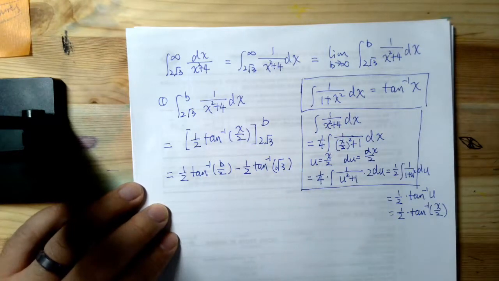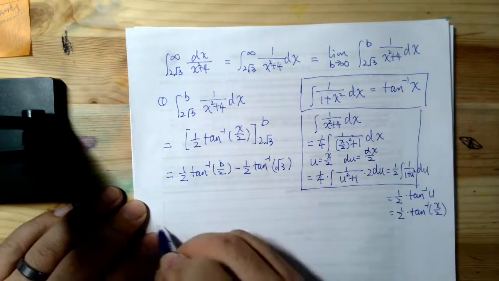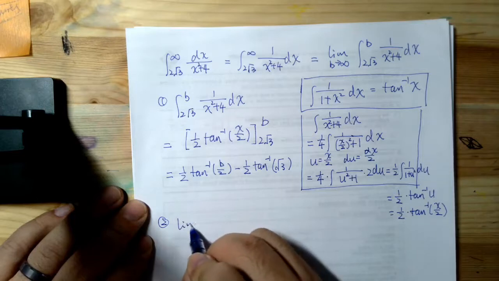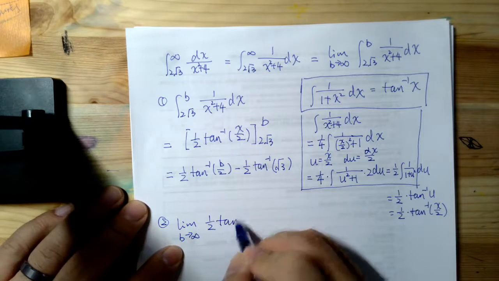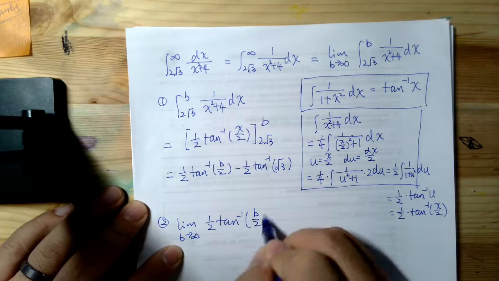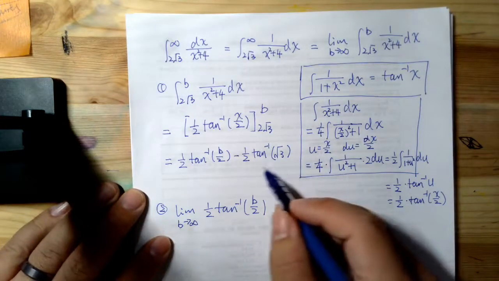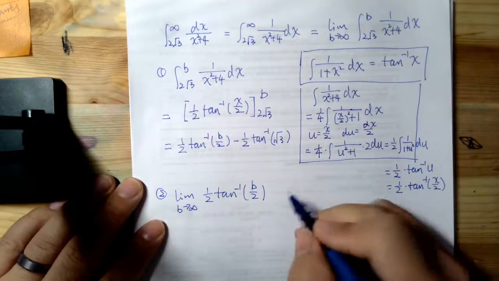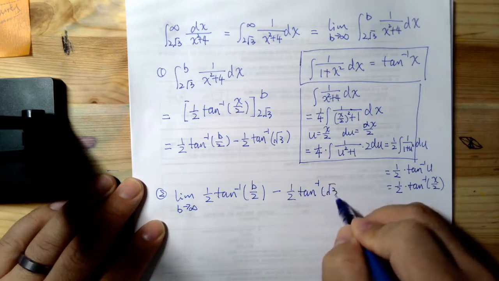Now, we figured out this definite integral here, and then step 2, we put the limit back. So it's the limit as b goes to infinity of 1 over 2 tan inverse b over 2. You can see there is no b involved in the second term, so the limit only applies to the first term. That's minus half tan inverse square root of 3.